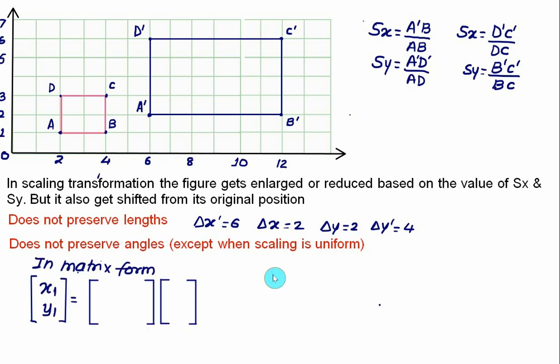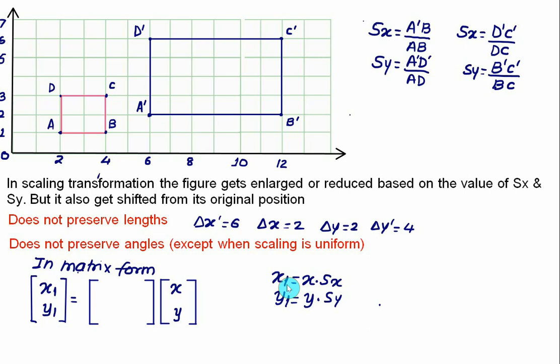We have x1 equal to x multiplied by Sx, and y1 equal to y multiplied by Sy. This information we can write in matrix form. We have the column matrix x1, y1 equal to the matrix with x, y.